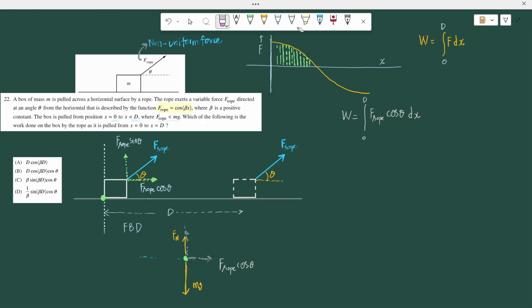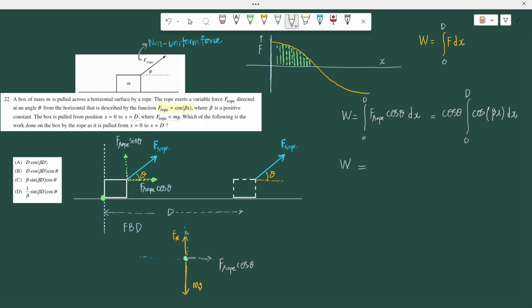So why should we not take it out, because it is not going to be integrated. So inside we have now 0 to d, and by the way, the force applied by the rope is the function of x represented by the cos, and here we have this thing, right?